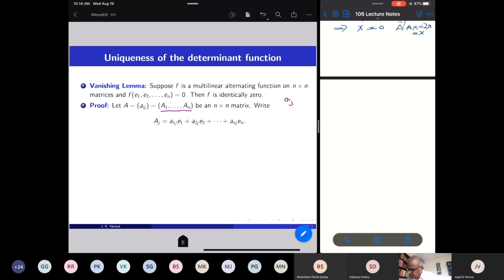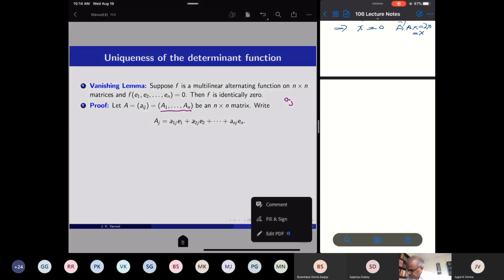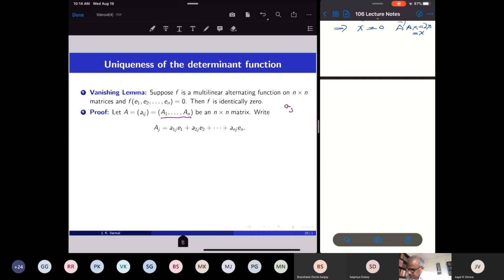a1j. The jth column is a1j, a2j, up to anj.